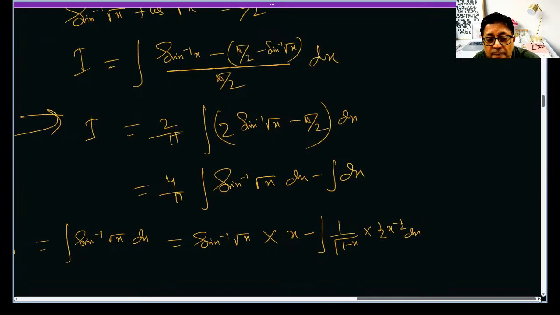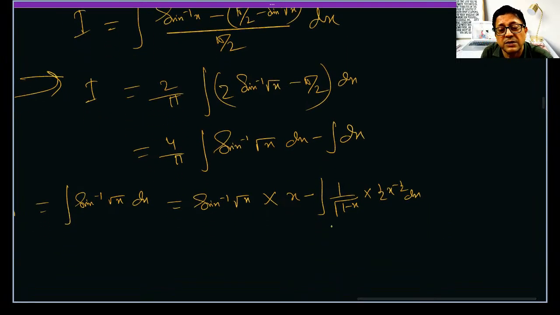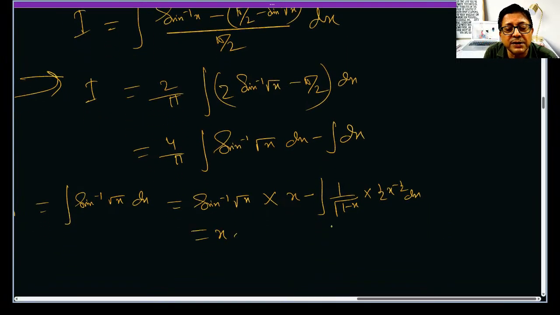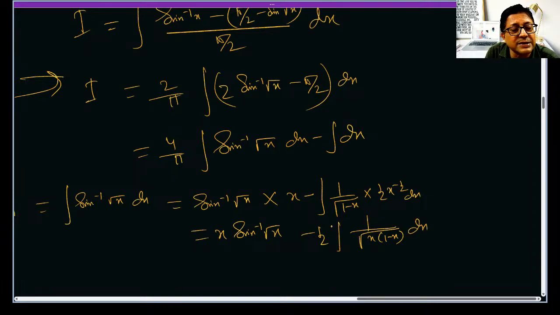Clear? So just simplify it. X sin inverse root x minus half integration of 1 by under root x into 1 minus x, dx, into x.